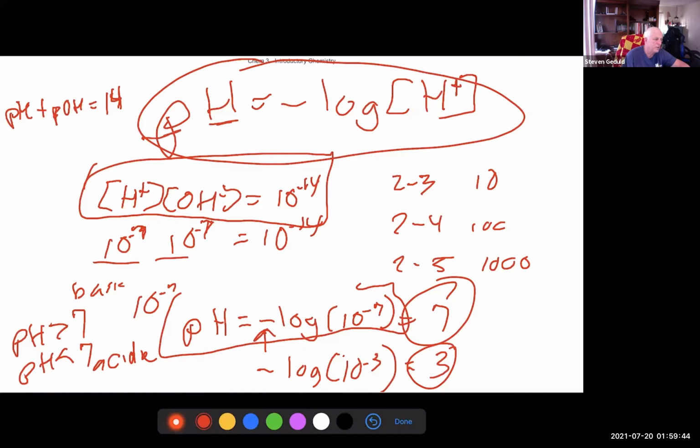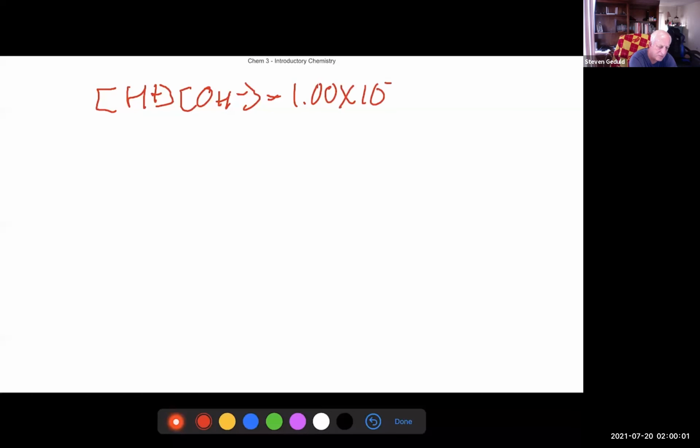Okay, so let's summarize the formulas. We have H plus times OH minus is equal to 10 to the minus 14.